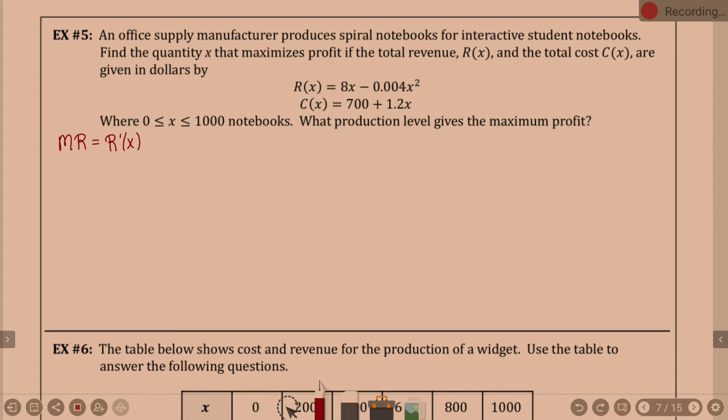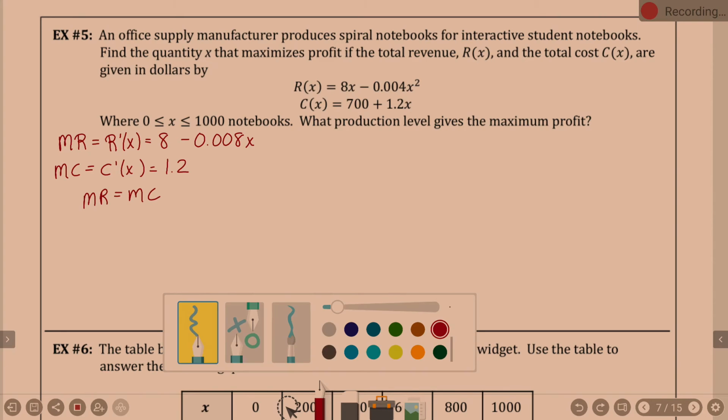What's R prime of x? 8 minus 8 thousandths x. Marginal cost. So C prime of x is 1.2. And in order to maximize profit, we want to find where MR equals MC.